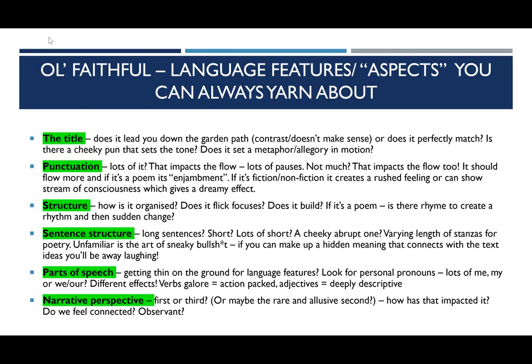Parts of speech, this is if you're only really, really stuck. Personal pronouns, lots of me, my, we, our. Are they talking about inclusive pronouns to include the audience? Parts of speech links in with the next bit as well. Lots of verbs mean lots of actions. Lots of adjectives means lots of description. That's if things are getting dire, you can probably get there.